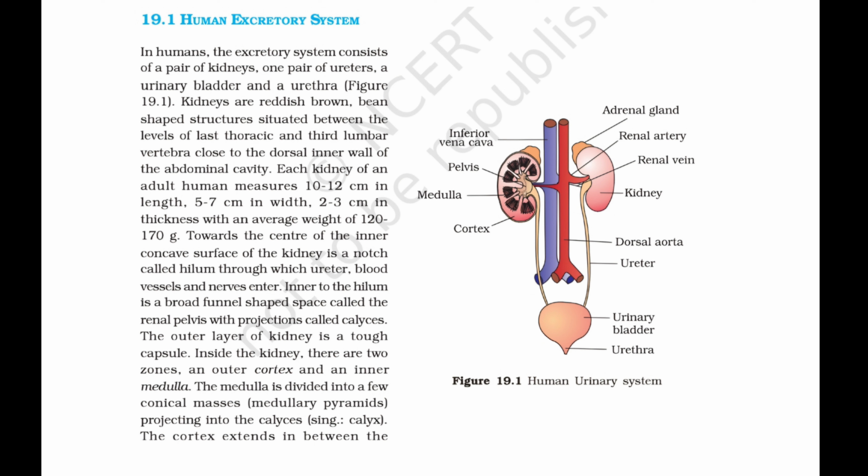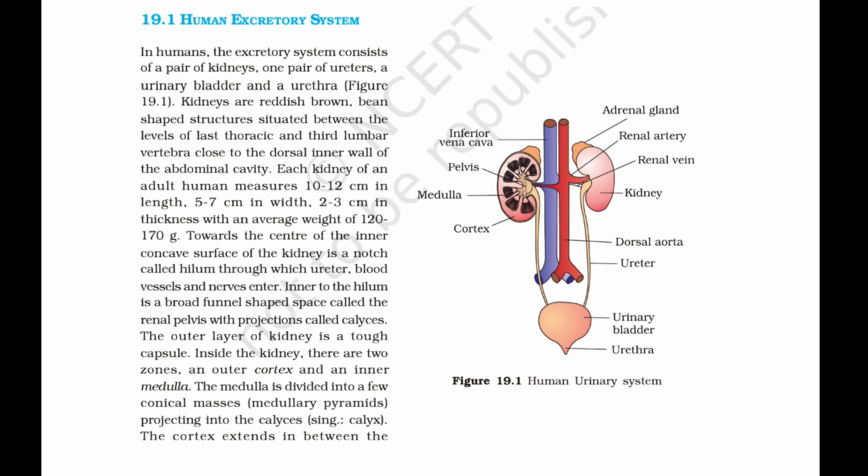Towards the center of the inner concave surface of the kidney is a notch called the hilum, through which the ureter, blood vessels, and nerves enter. Inner to the hilum is a broad funnel-shaped space called the renal pelvis, with projections called calyces. The outer layer of the kidney is a tough capsule. Inside the kidney, there are two zones, an outer cortex and an inner medulla.